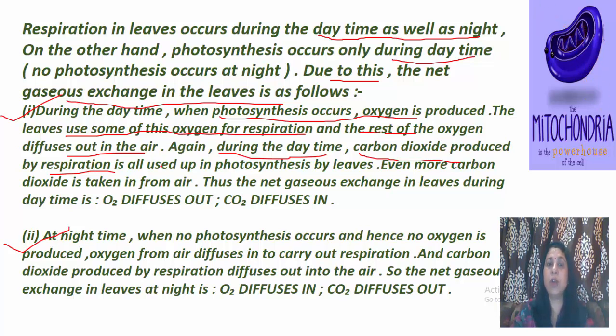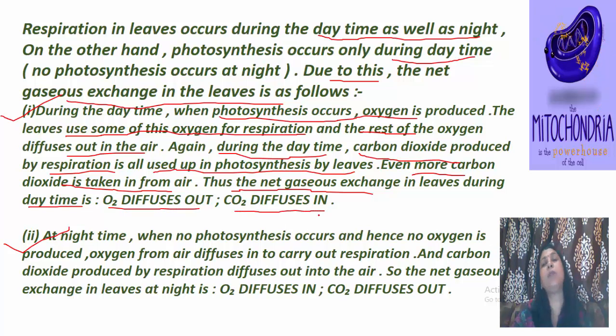Some of it is used for respiration, whereas the rest diffuses out in the air. Whereas carbon dioxide is produced by respiration, it is all used up in photosynthesis by the leaves. Even more carbon dioxide is taken in from air. Thus the net gaseous exchange in leaves during daytime is oxygen diffuses out, whereas carbon dioxide diffuses in.